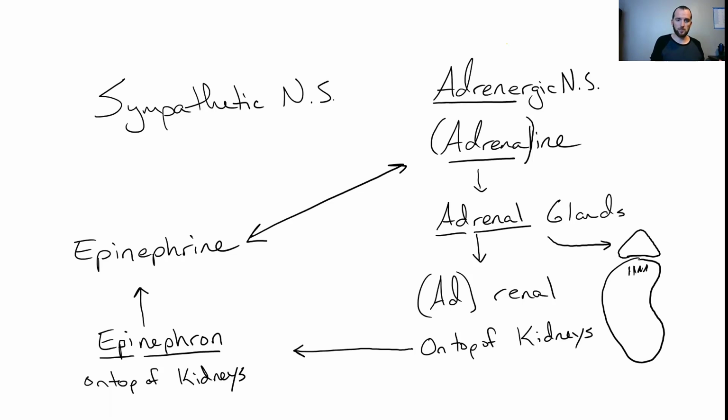Epinephrine is more the pharmacological medical word that we use for it. But if you're a healthcare provider in Canada or the UK or whatever, and you go over to your drug box and pull out the vial of epinephrine, you may see it actually labeled adrenaline. So adrenaline is epinephrine.